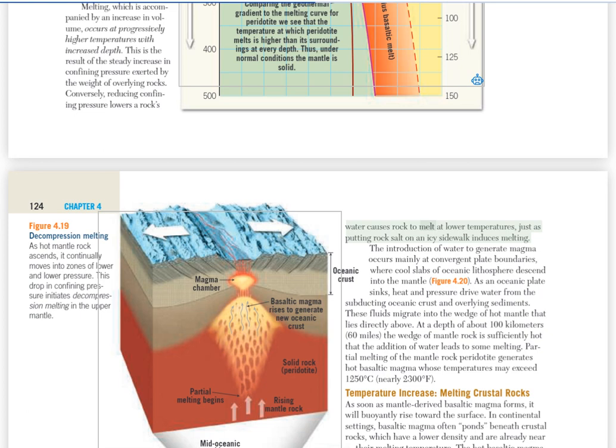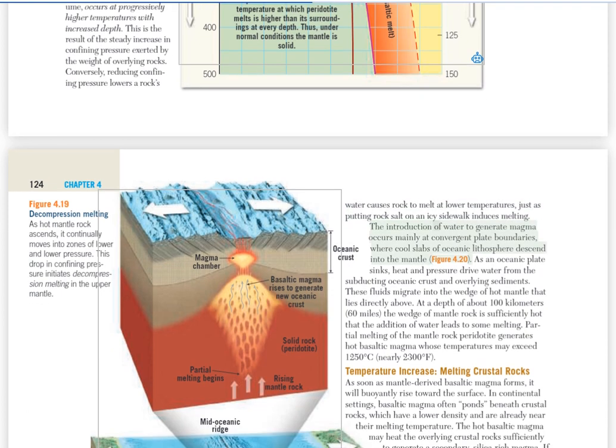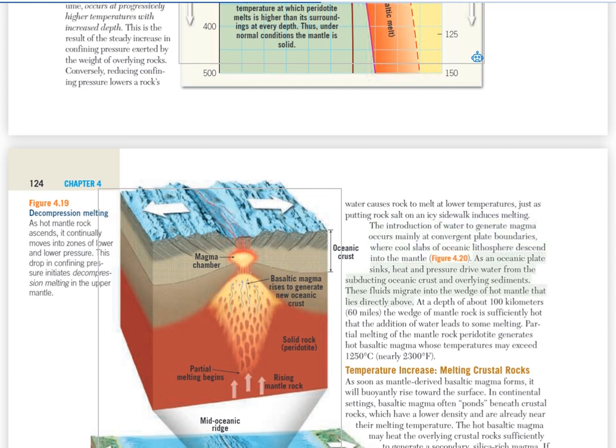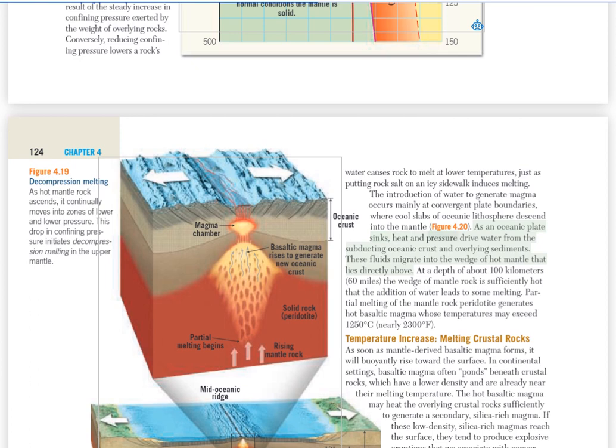Water causes rock to melt at lower temperatures, just as putting rock salt on an icy sidewalk induces melting. The introduction of water to generate magma occurs mainly at convergent plate boundaries, where cool slabs of oceanic lithosphere descend into the mantle. As an oceanic plate sinks, heat and pressure drive water from the subducting oceanic crust and overlying sediments.